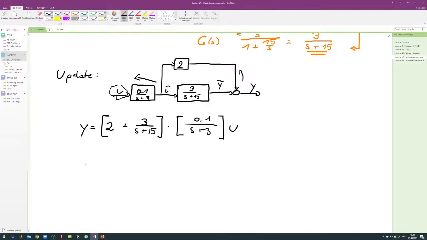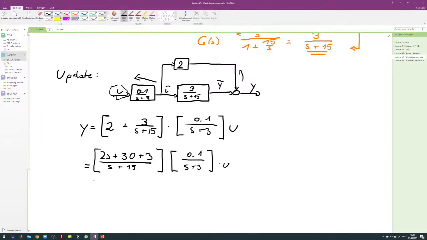So let's do this. This guy here becomes 2S plus 30 plus 3 over S plus 15, right? Multiplied by 0.1 over S plus 3 times U, and finally we leave out this S, or we leave the poles there, so to say.